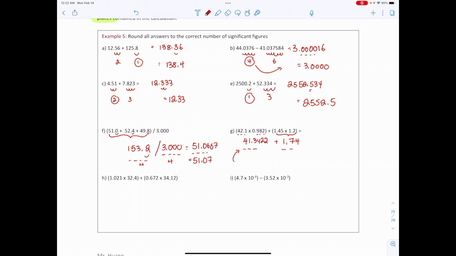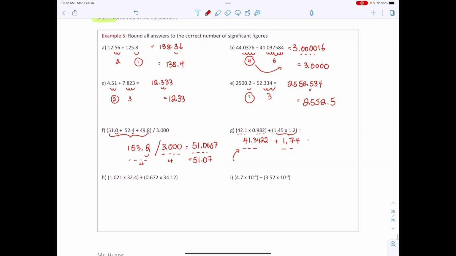Once again, but if I'm doing my math, I don't want to prematurely round. If I add that up, I get 43, let me calculate that, 43.0822. So that's the unrounded answer.